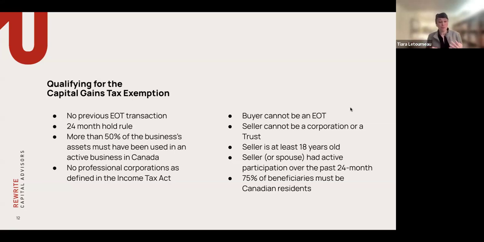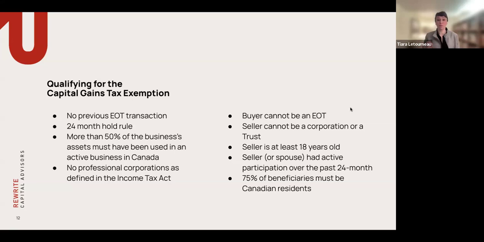At the bottom here, this one was a curveball. We didn't see it coming. There's not a lot of explanation around why, but there are 6 kinds of professional corporations that are defined in the Income Tax Act that are excluded from the capital gains tax exemption. So if you are a doctor, a dentist, a lawyer, an accountant, a chiropractor, or a veterinarian, then you can do an EOT with your company, but you cannot qualify for the capital gains tax exemption.